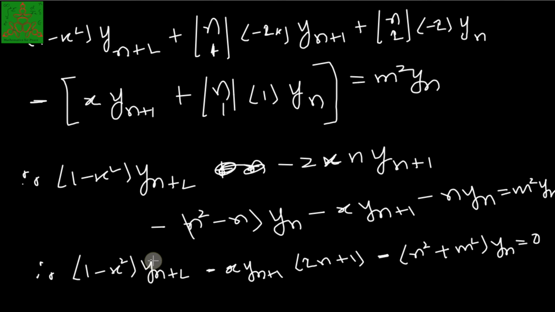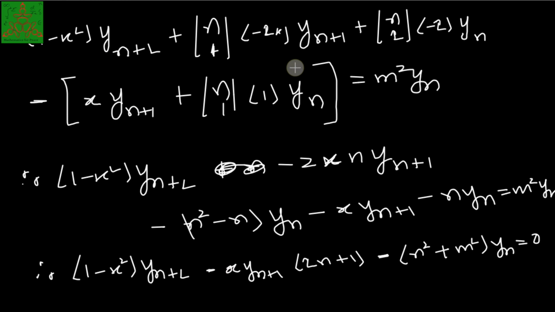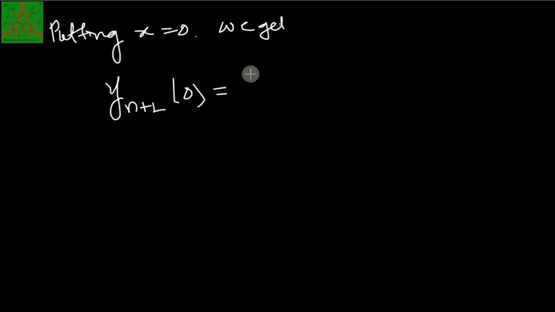So with x equal to 0, you have y(n+2) at 0. Here you will have x is 0, so this term goes to 0. And here you will have minus n square plus m square, yn at 0. So it is y(n+2)(0) equal to (n square minus m square) yn(0).